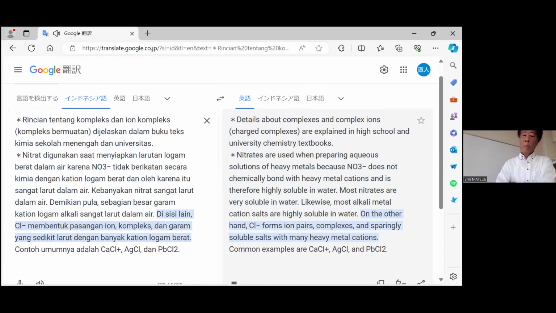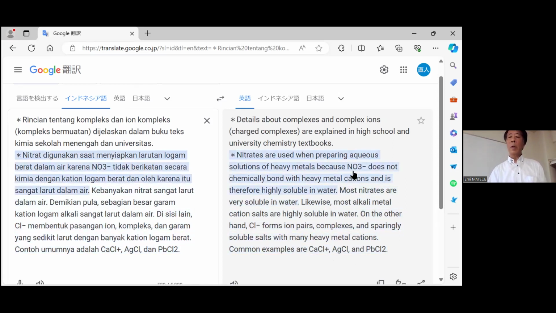On the other hand, Cl- forms ion pairs, complexes, and sparingly soluble salts with many heavy metal cations. Common examples are CaCl+, silver(I) chloride, and lead(II) chloride. Cl- and NO3- look similar, but from the viewpoint of complexes or ion pairs, Cl- forms many ion pairs and complexes.